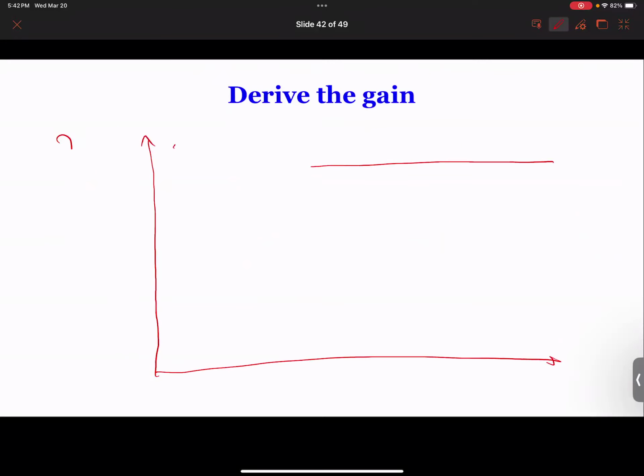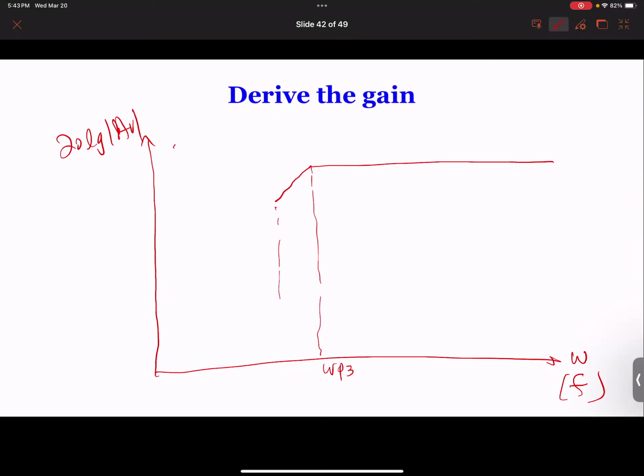This is 20 log AV, and this is your omega or F, whatever you call it. At the first pole, omega P2 or P3, for now we can call it P3 just to make it easier to understand, but this sometimes might flip, you get a 20 dB drop, okay?